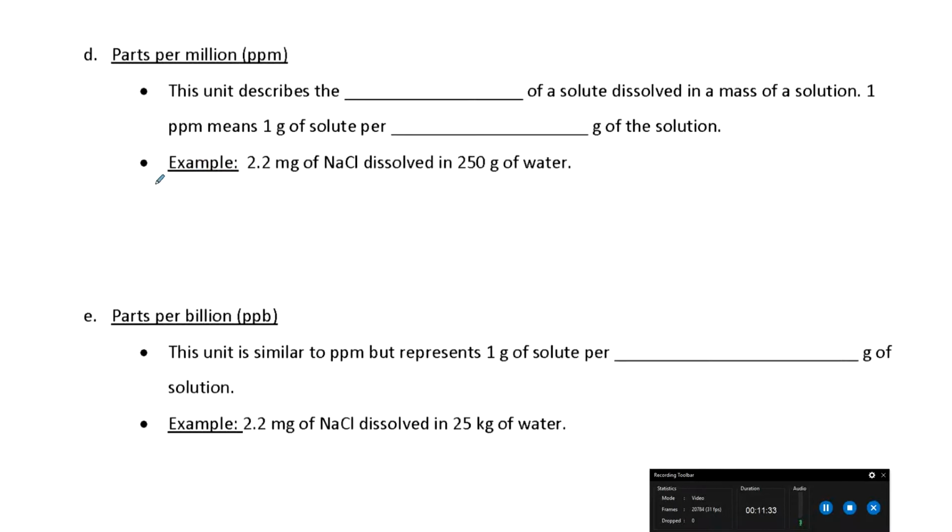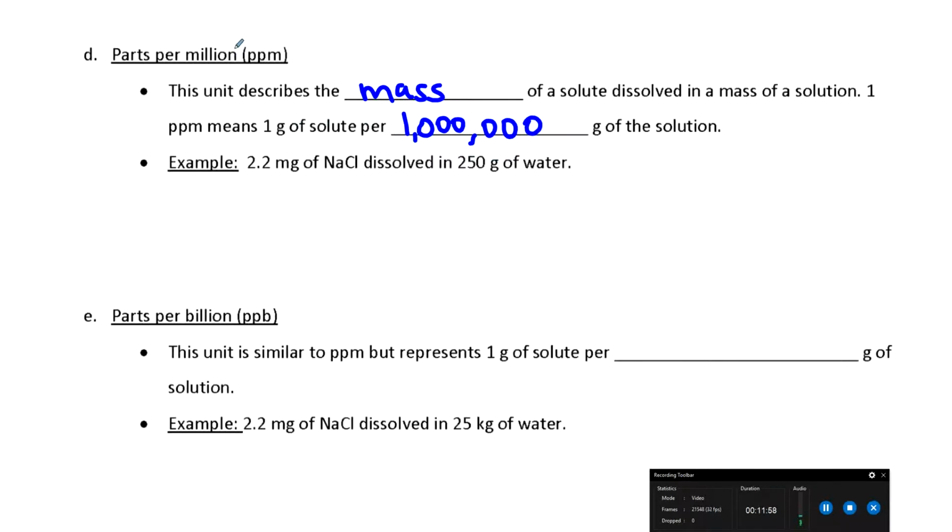Okay, so this unit, we'll start with parts per million. This unit describes the mass of a solute dissolved in a mass of a solution. 1 part per million means 1 gram of solute per 1 million grams of the solution.